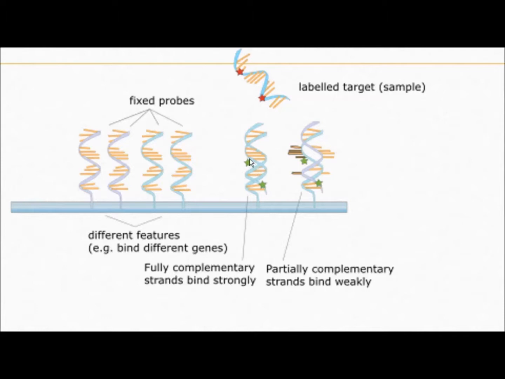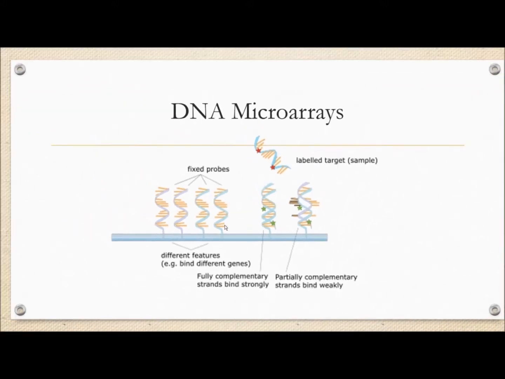Remember, any A is going to bind to any T, but that doesn't mean full hybridization has taken place. So this is partial hybridization, and you'll see the green stars are where full hybridization takes place, and you see the partial hybridization. And this is, for example, the substrate. And on these, you have the fixed probes.